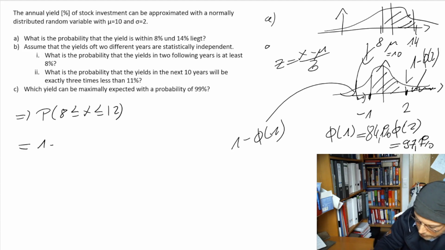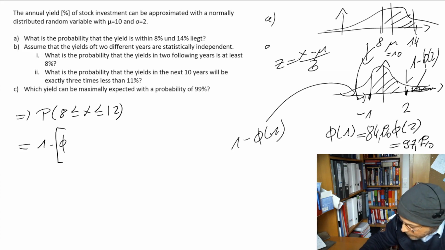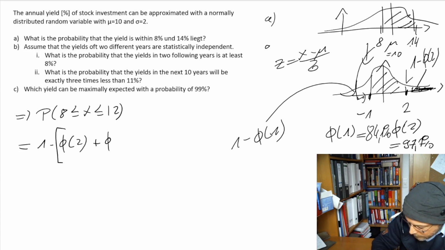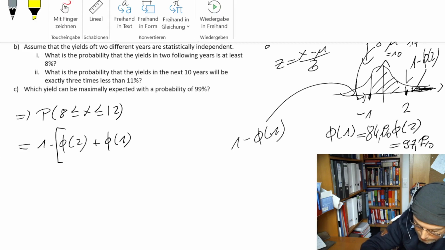So 1 minus this area here, phi of 2, plus phi, no, sorry, I'm too fast.